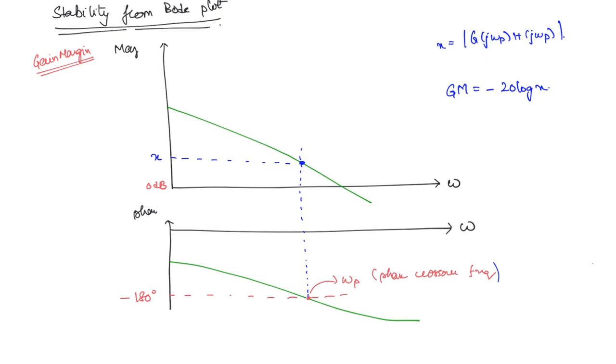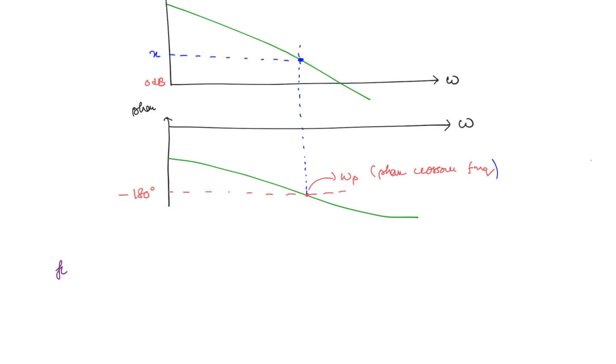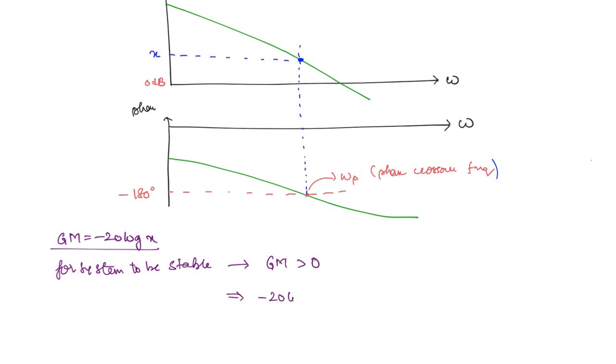Okay. So we know that for the system to be stable, you can write this here, Gm is equal to minus 20 log x. The condition on the gain margin is that it should be greater than 0. So that means minus 20 log x should be greater than 0, meaning that the gain should be less than 0 or negative.